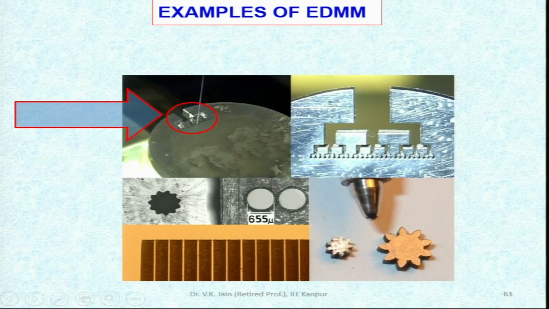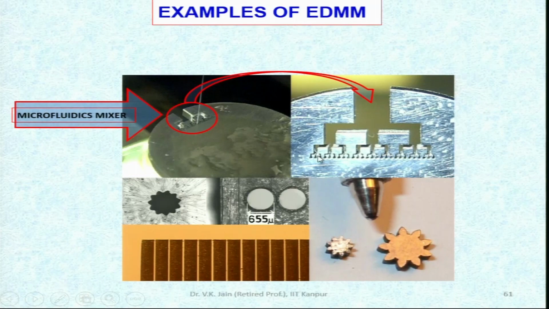Now, this is a very interesting example. This is a micro mixer which has been machined with the help of electric discharge micro machining process. Now, microfluidics mixer is there and you can enlarge this part. This part is like this.